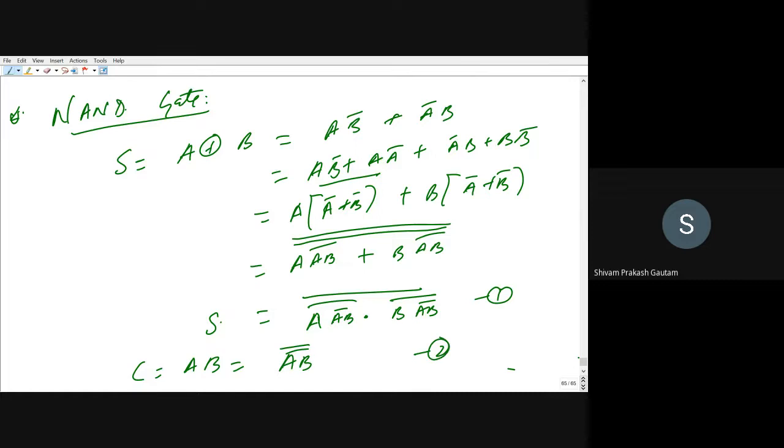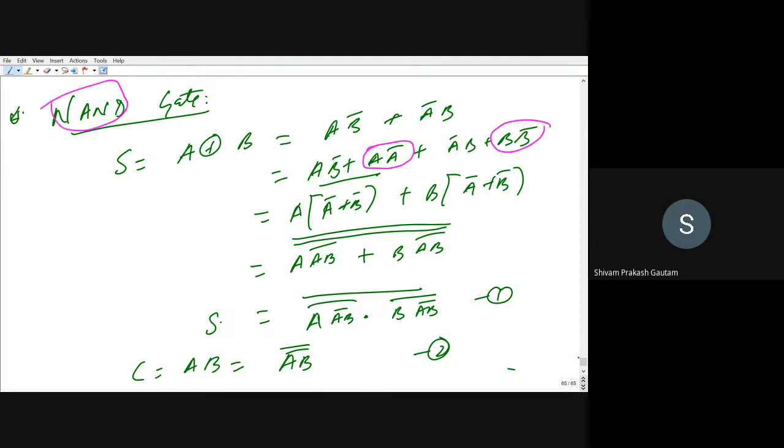Just check it. Any part you are having any doubt, you can ask. You can see I have added A A bar and B B bar, which will be equal to 0. Why have I added these? Because I want to operate using NAND gate.